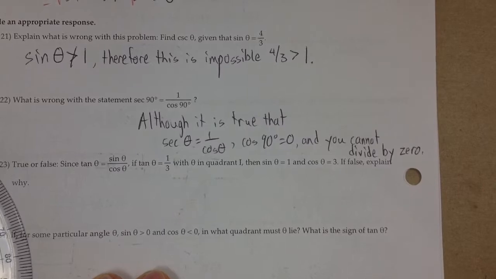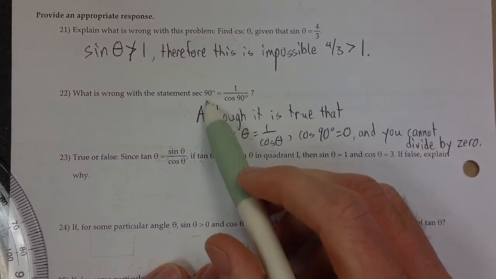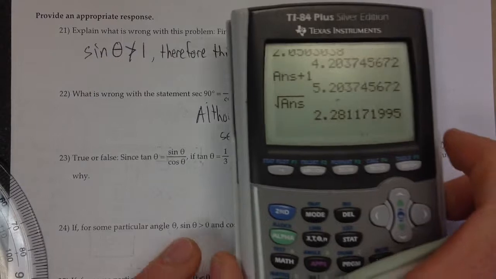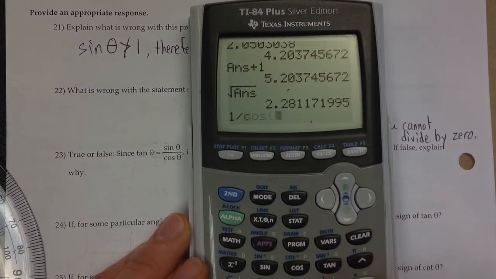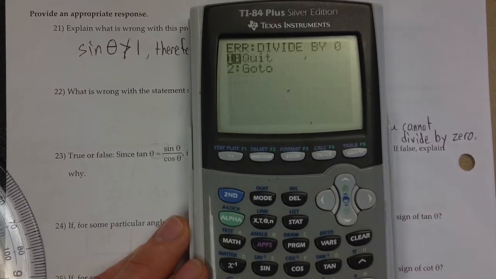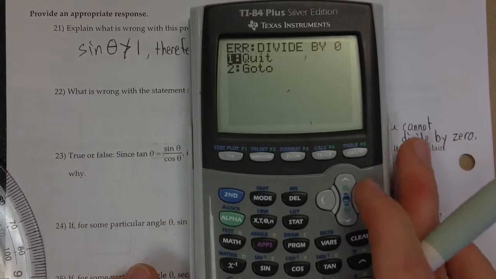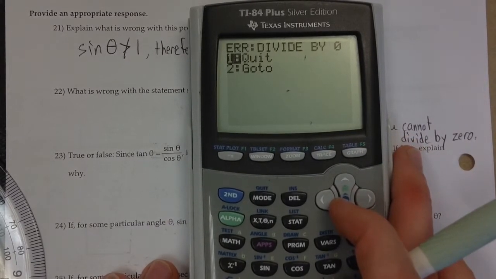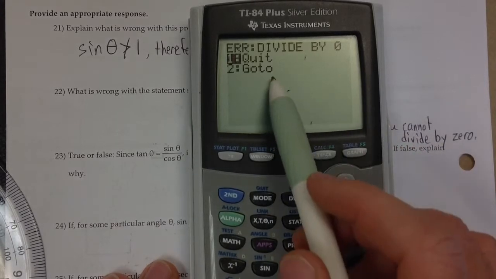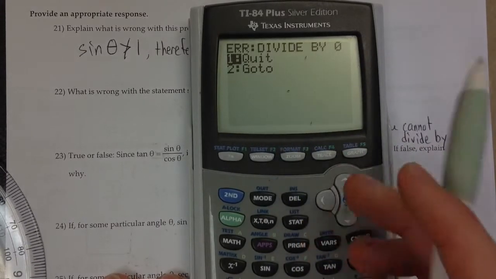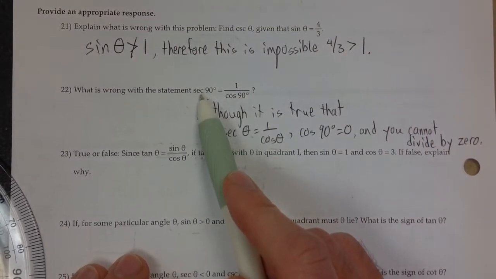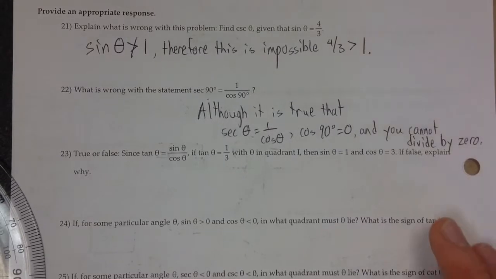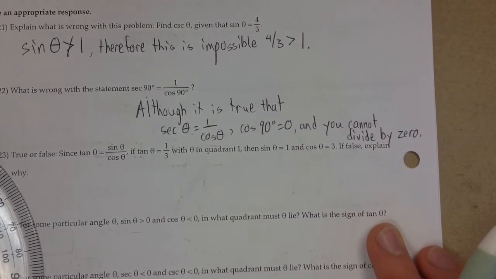If somebody asks you what's the secant of 90 degrees and you use your calculator, which doesn't have a secant button, you do 1 divided by the cosine of 90, and the calculator says divide by 0. But the person assessing you is probably going to expect not an answer like, my calculator gives me an error. They are probably going to expect an answer for secant of 90 degrees of undefined. Any questions on 22?